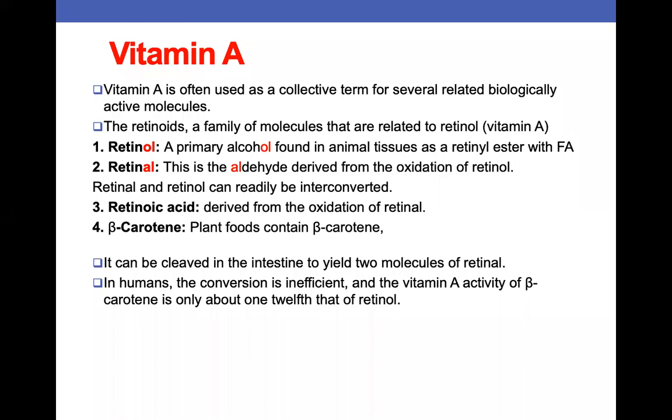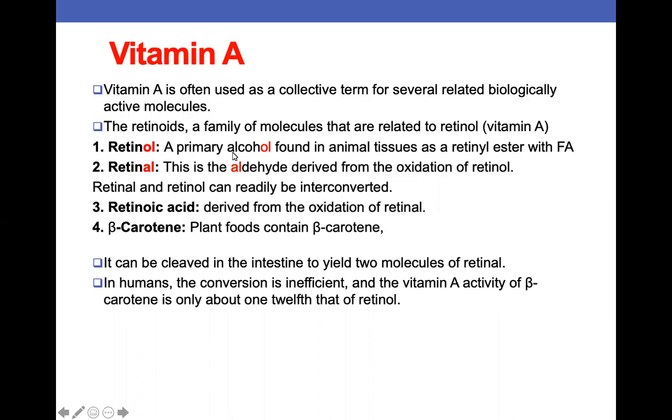And just in case this comes up in an MCQ, I just want you guys to be able to recognize, in case you don't have a background in chemistry, that retinol ends with "ol" because it's an alcohol, and retinal, which is another form of vitamin A, ends with "al" because it's an aldehyde.